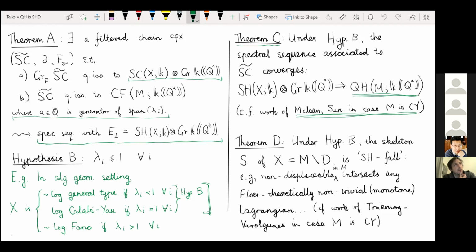But X groups, I mean, you can have, for example, the skeleton can in some cases be smooth. It can be, for example, a sphere, and its Floer cohomology can be the cohomology of a sphere.